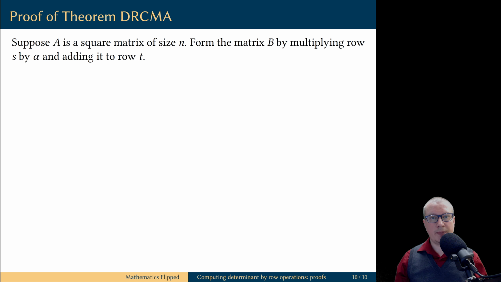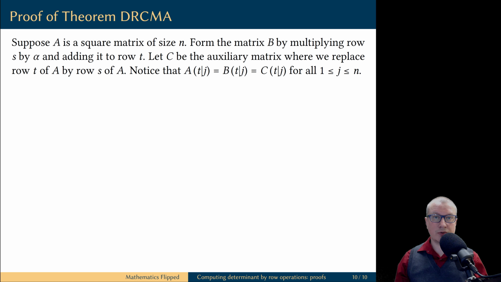Suppose A is a square matrix of size n, and we construct a matrix B by multiplying row S of A by scalar alpha and adding the result to row T of the matrix A. Let's also construct a third matrix C from the matrix A by replacing row T of the matrix A with row S of the matrix A. Notice that these three matrices A, B, and C differ only in row T. Therefore, if we delete row T from all these matrices, we get identical results.